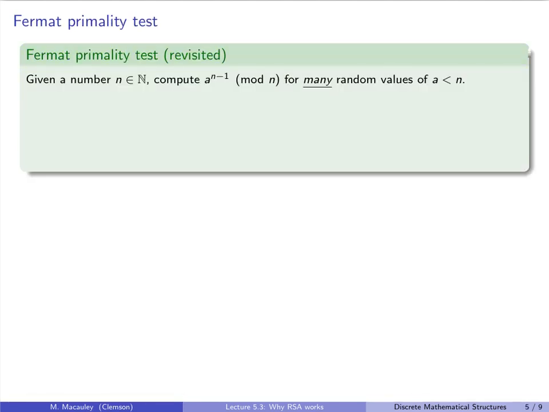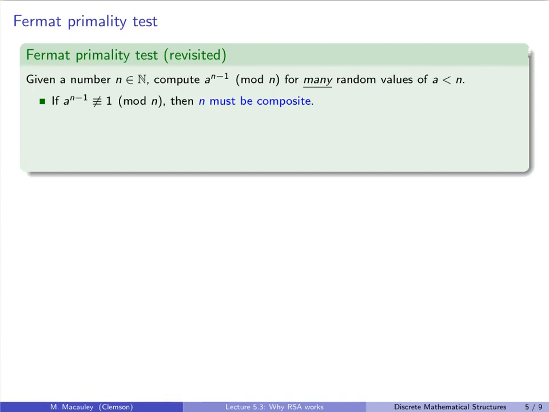Let's now return to the Fermat primality test. Recall that this said that if we have a natural number n, we wish to determine whether or not it's prime, we compute a to the n minus 1 mod n for many random values of a less than n. Let's now consider a single value of a and see what the possibilities are.